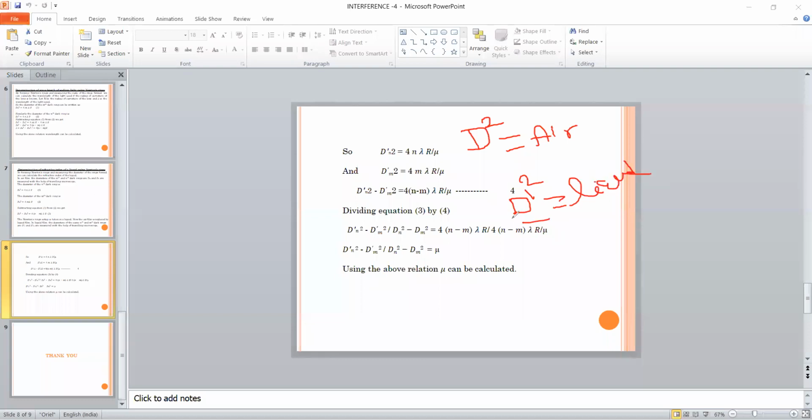So these notations we use to distinguish between air medium and liquid medium. So this is the expression in case of liquid medium. Now, by dividing equation 3, the liquid case, by the air case, these two terms are cancelled. We just have mu. So this is the final expression for mu. What is mu? The refractive index of the given liquid.